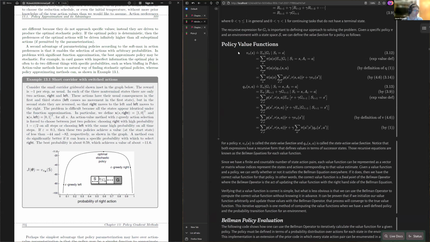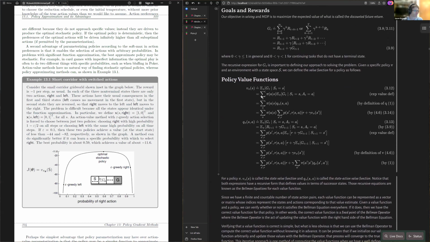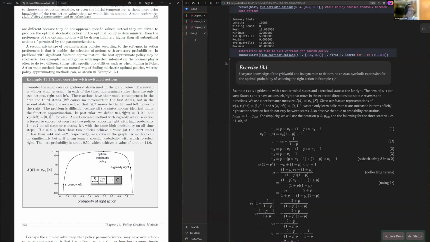So notice that for the state value function, there's this recursive expression where we can express it in terms of the probability of taking each action, and then the probability of the reward and the value at the transition state. So I'm going to use this Bellman equation to solve all the different values in this environment.